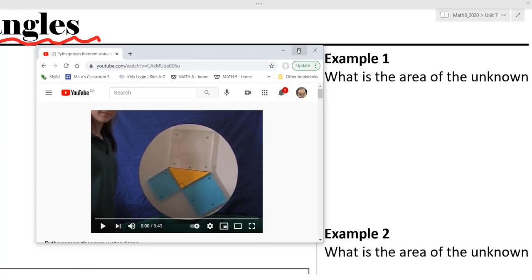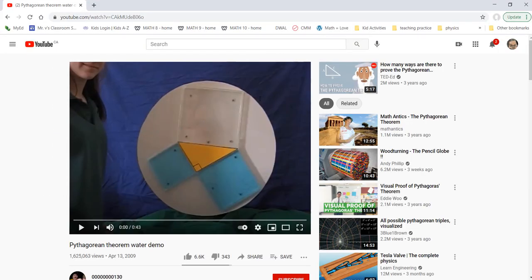So what I did is I found this demonstration on YouTube here. So what we have here is a right angle triangle, and they created squares off of each of the legs, and you have a square off of the hypotenuse. And each one of these is filled with water that is dyed. Yes, Alana? Yeah, similar, yeah.